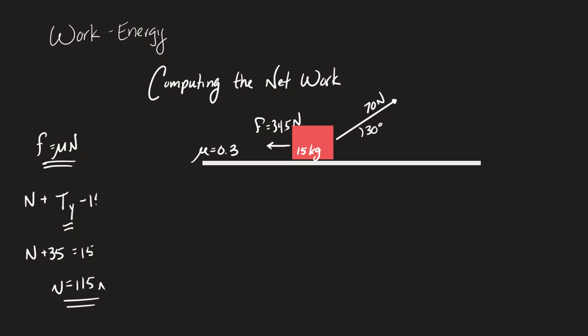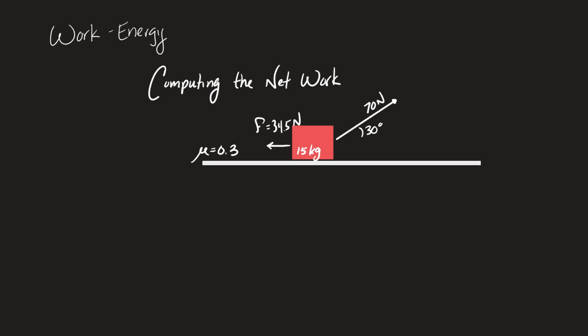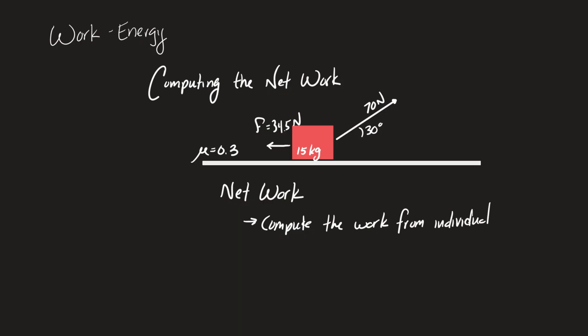All right, now that you know that, I want to talk to you about something. We're going to compute what's called net work. And there's two different ways to calculate net work. The first is what we're going to do as an example, which is to compute the work from all the individual forces, and then just sum them.